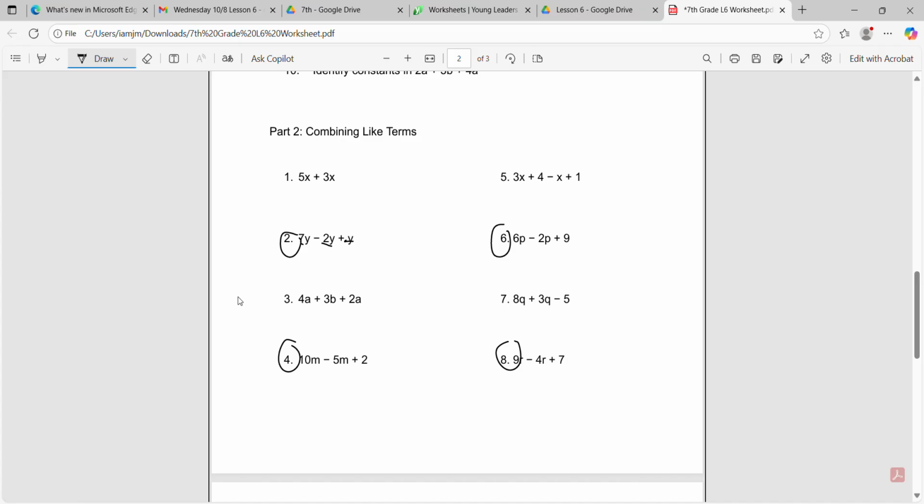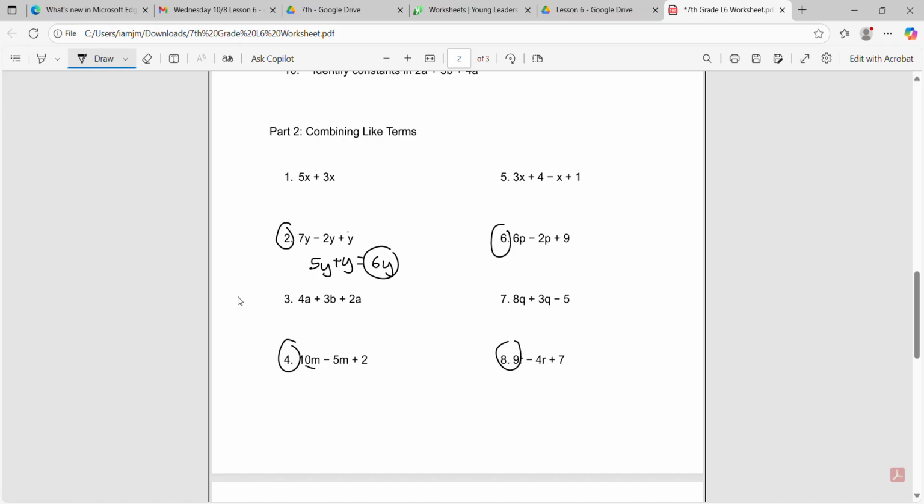We're able to combine all 3 of these values, for they have the same variables, which means they're all like terms. So you have to use PEMDAS. 7y minus 2y is 5y plus y. 5y plus y equals 6y.